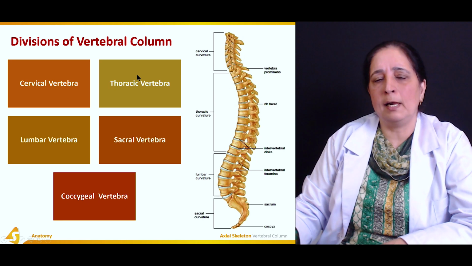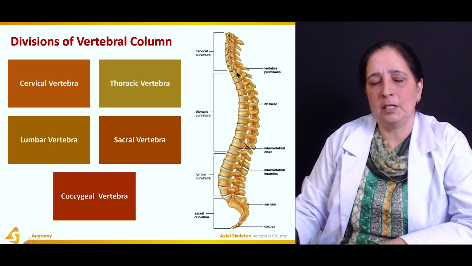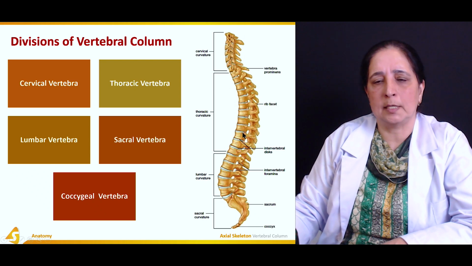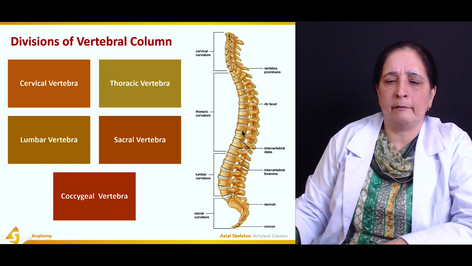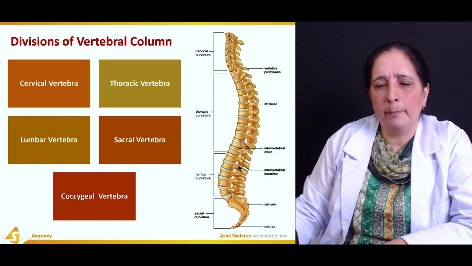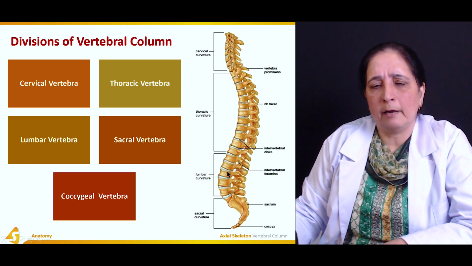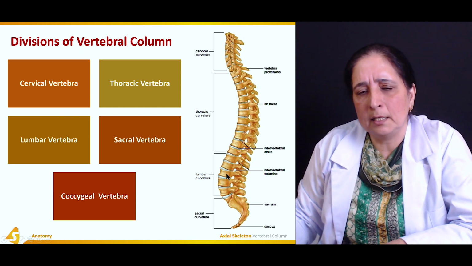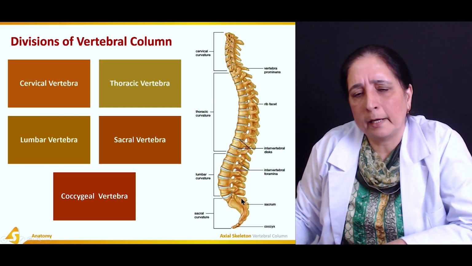Then we have 12 thoracic, which is in the chest region. Thoracic cage is formed with these 12 thoracic vertebra. Then these are the lumbar vertebrae. We have 5 lumbar vertebra, and then this is the sacrum.